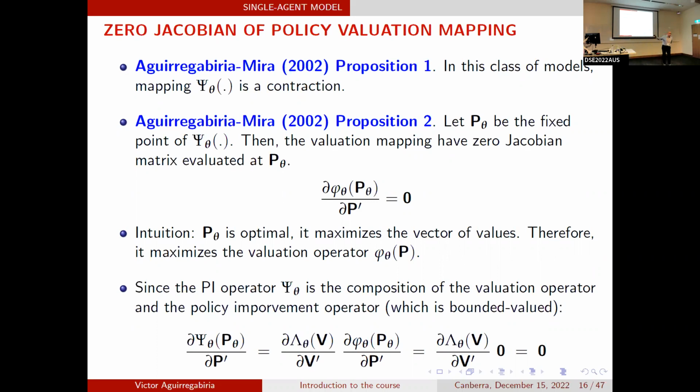It's not true that the policy iteration operator for any class of Markov decision problems is a contraction. For this particular type of problems, for these dynamic discrete models under John's assumptions, it is a contraction.